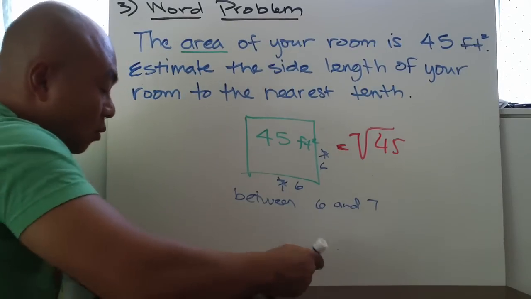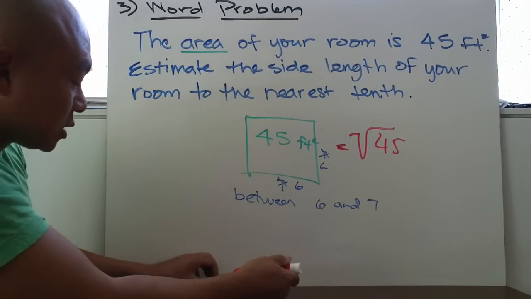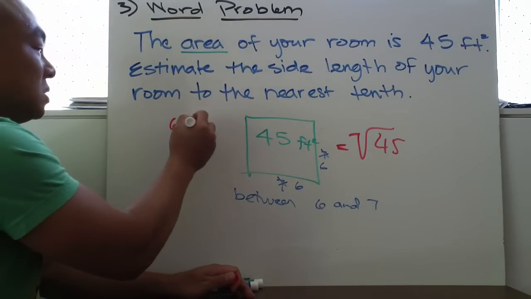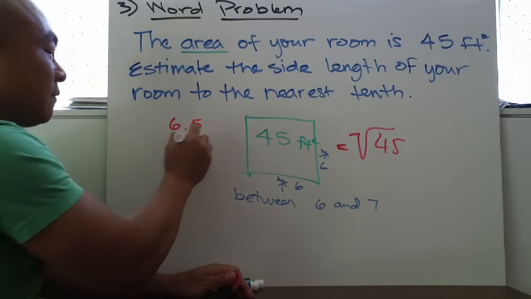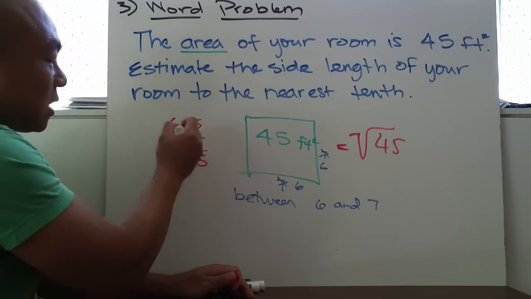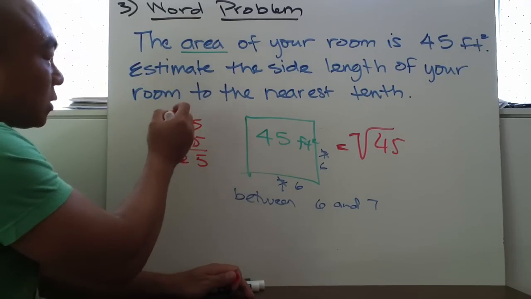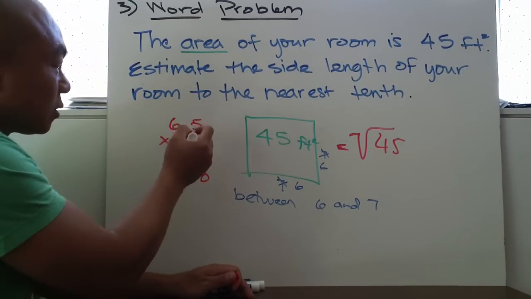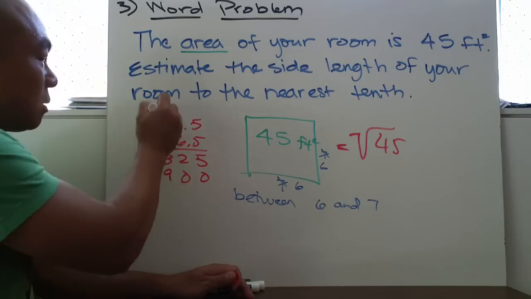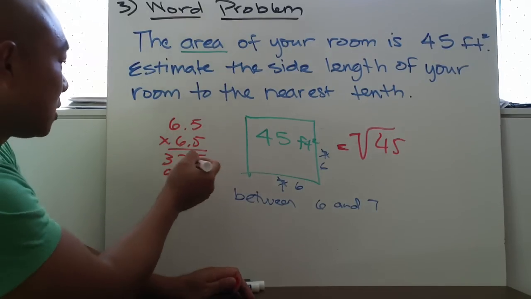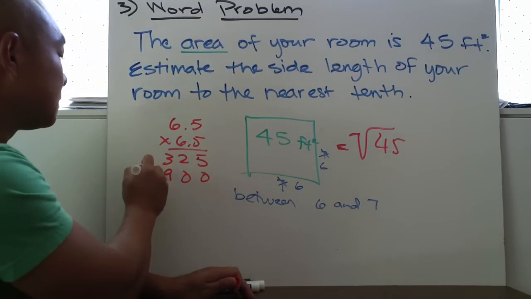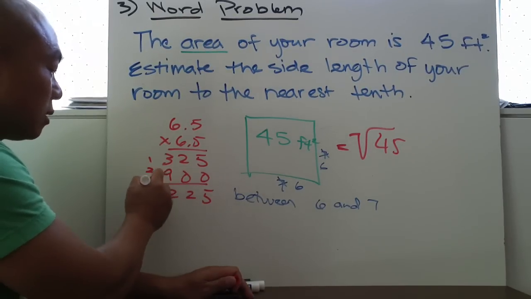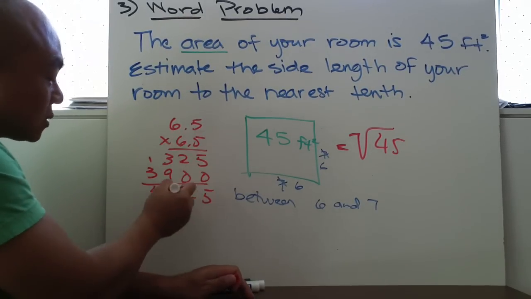So what I can look at is, we can try a couple of calculations. Let's try 6.5 times 6.5. If you multiply that out, 5 times 5 is 25, you put the 3 right here, and then the placeholder, that's your 0. You put your 3 up there, that's 36, 39, and then you're going to have 5, 2, 12, 1, 42, and then don't forget your 2 decimal places.